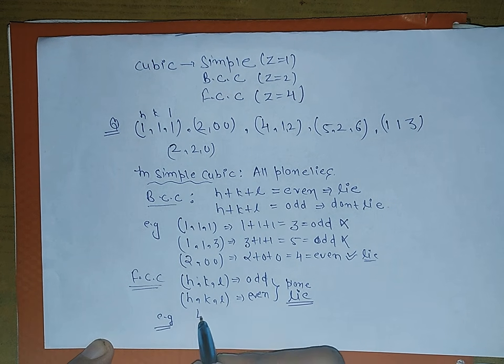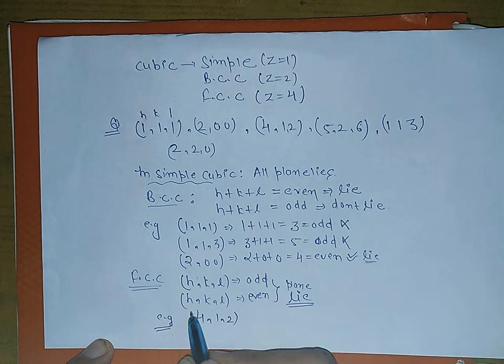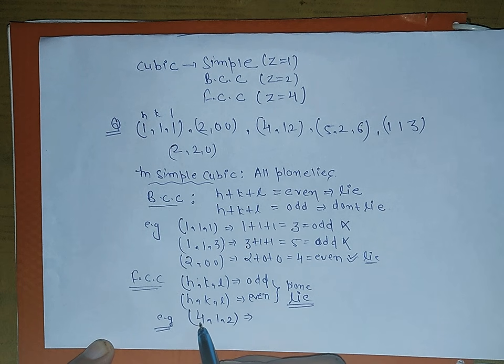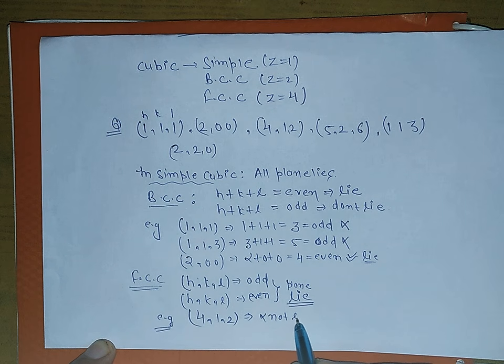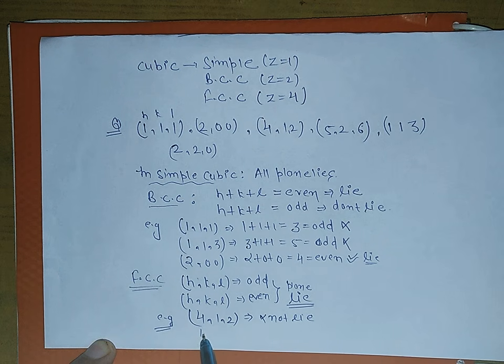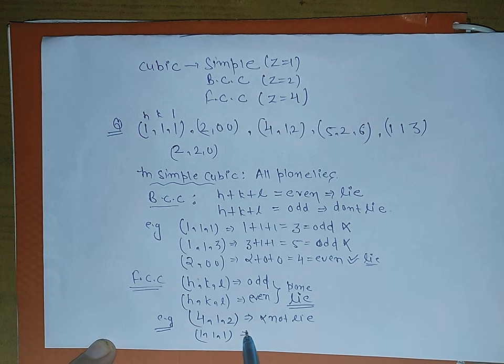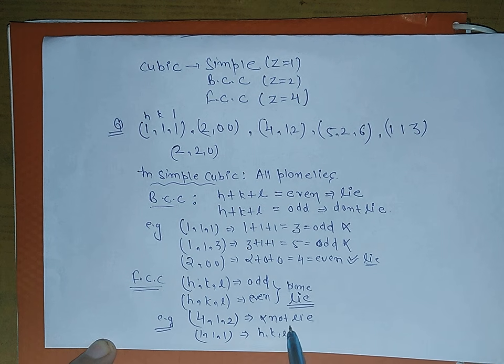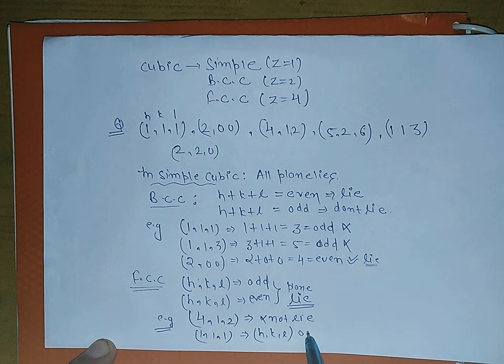Let's say this is 4 1 2. This is HKL: even, odd, even, so this will not lie. If I say 1 1 1, all are odd, that means it will lie.